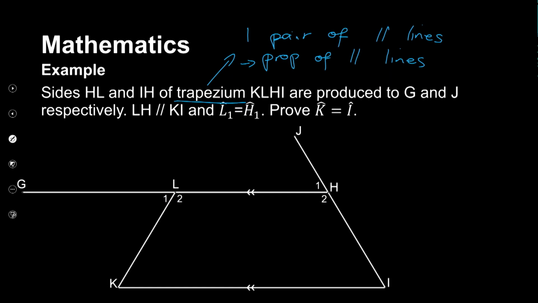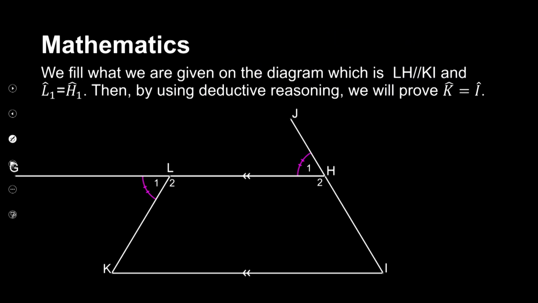So we know that we are told that H1 is equals to L1, and this is something that we are told in the statement, right? And we are also told that LH is parallel to KI, which is one of the properties, or rather, which is the property of a trapezium.